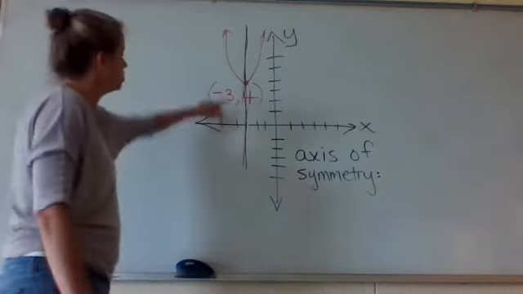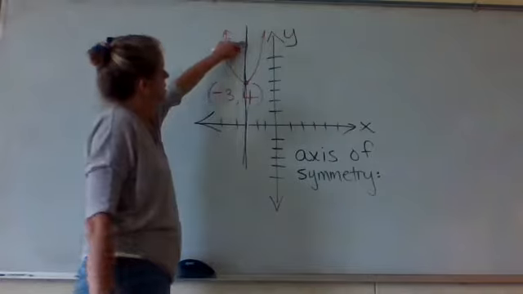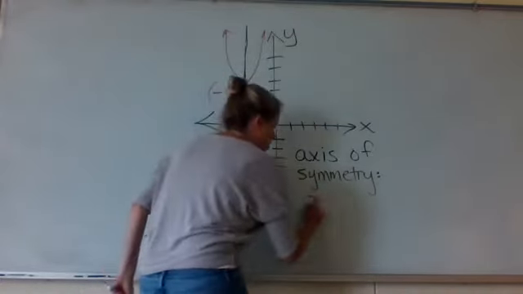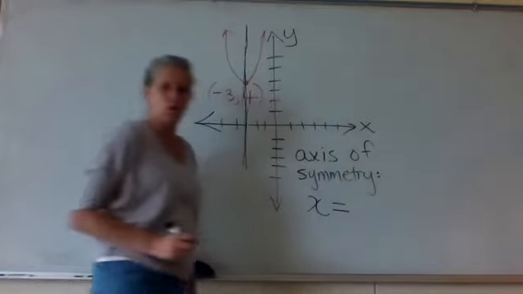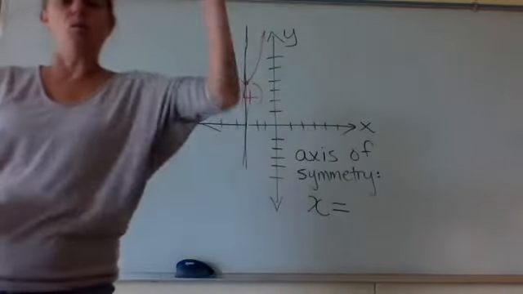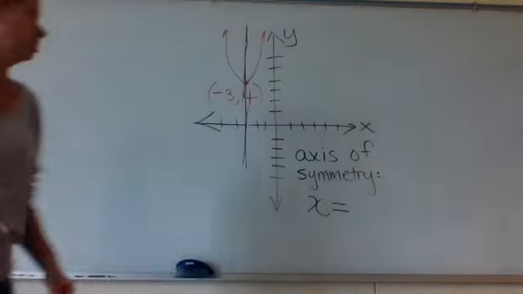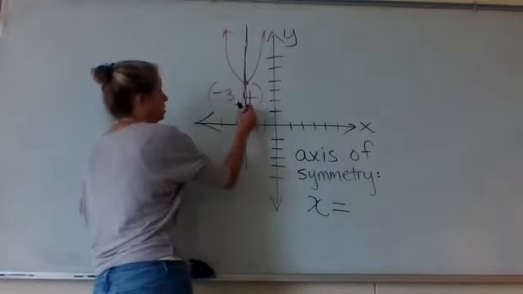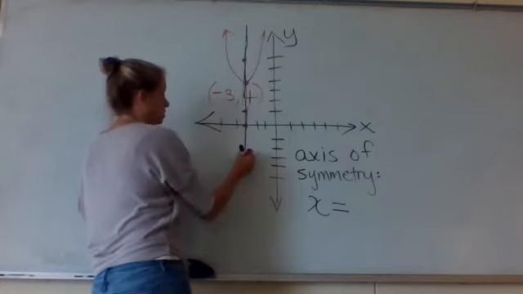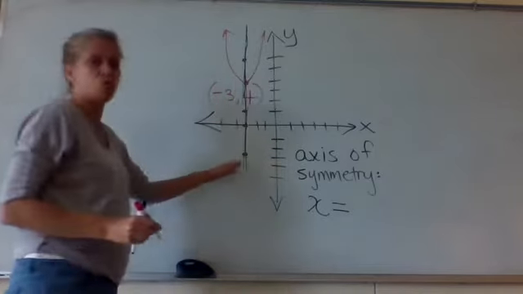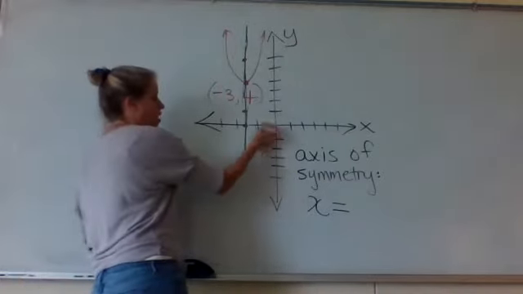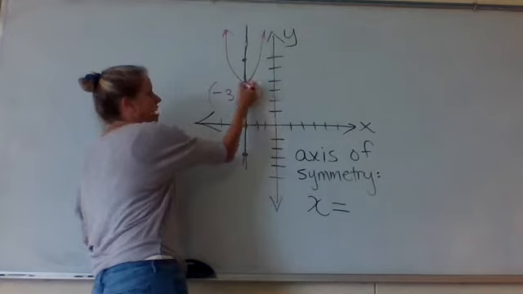Well, if I know this right here, it's a vertical line, and all vertical lines come in the form x equals, and then whatever. Look at every single point on this line. Doesn't matter where you are, what would your x coordinate be? No matter where you are, haven't you gone to the left 3?